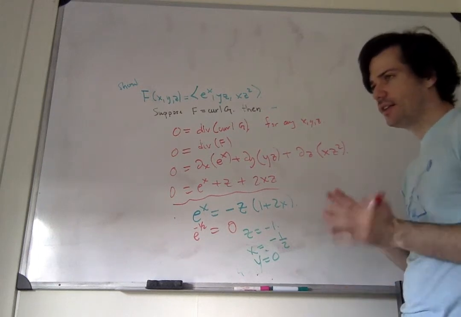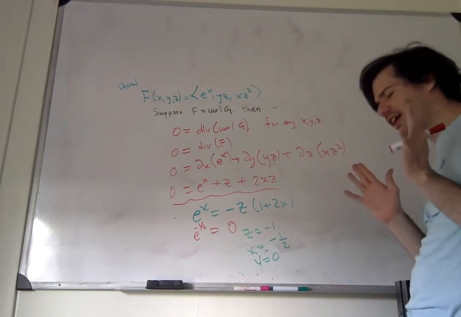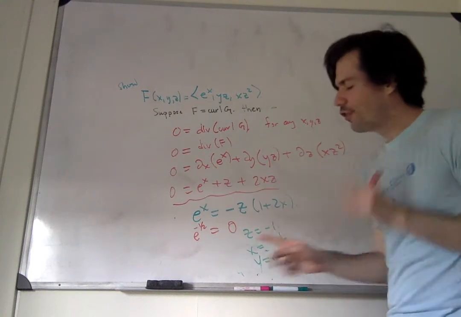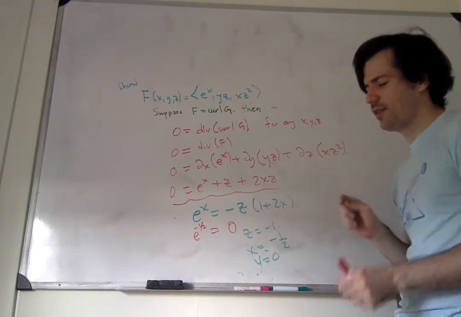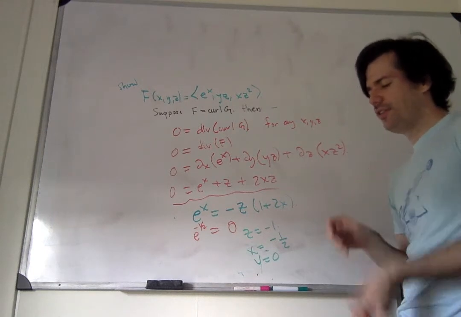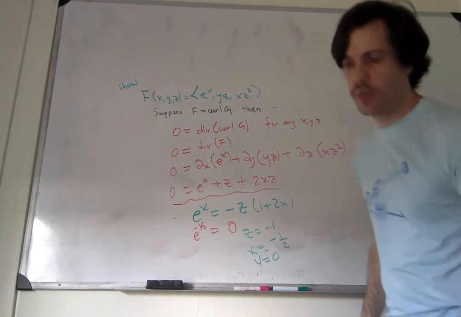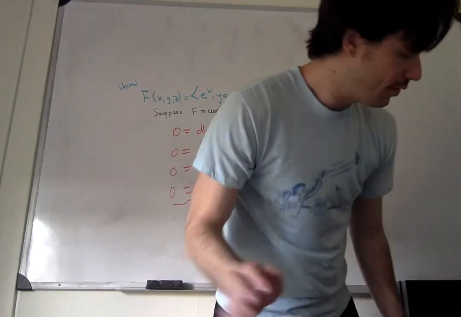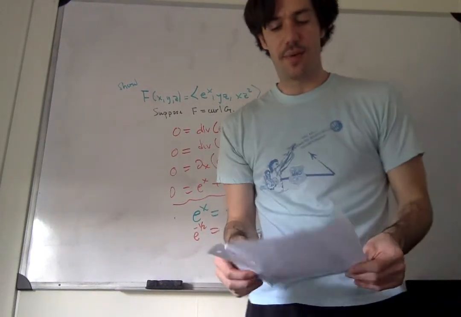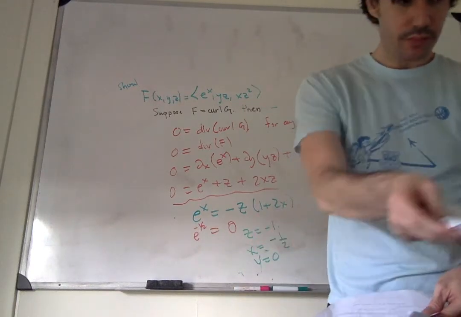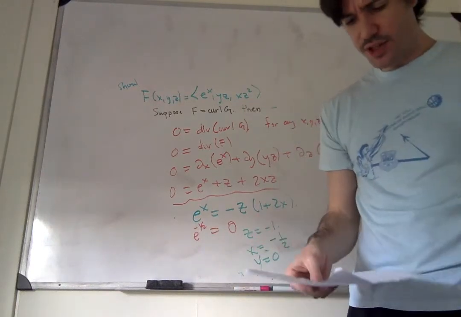Now, just keep in mind, we're not saying that it's equal to 0 for some x, y, and z. We're saying it is equal to 0 for all x, y, and z. So it just takes one set of x, y, and z to falsify that statement, just like that other problem earlier that I was working on. Okay, so that's pretty much it for that.